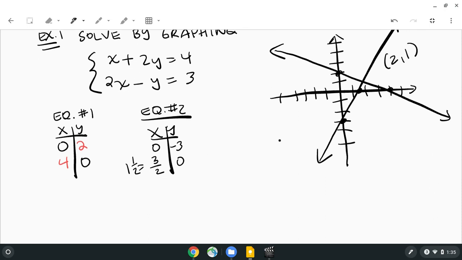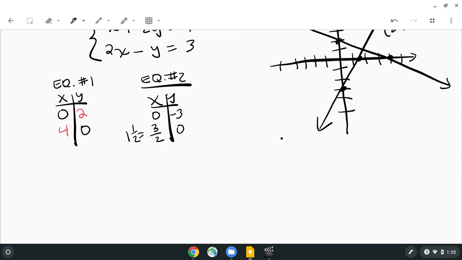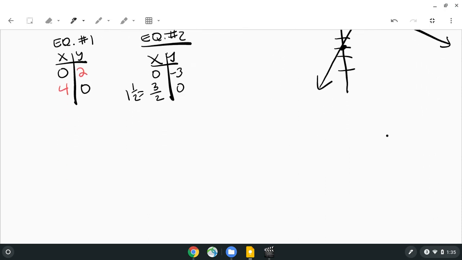Okay, so let's go ahead and have you try this one, and let's see if we get the same answer or pretty close. Again, depending on how neatly you graph, we may or may not get the same answer.